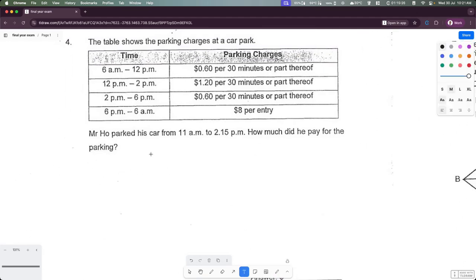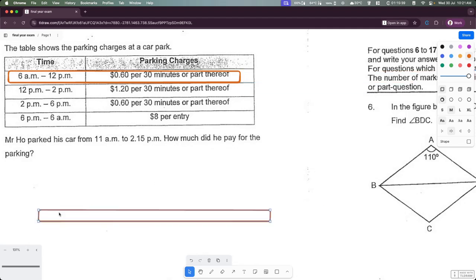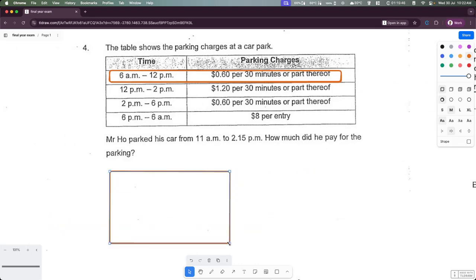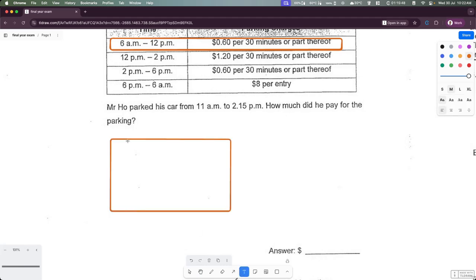All right, so let's break it down. So let's get the 6 a.m. to 12 p.m. block over here, right? Okay, so I'm gonna draw like this, and I'm gonna have this over here as well. So over here, I'm gonna have it like this. Okay, so this is the 11 a.m. to 12 p.m. block, right?